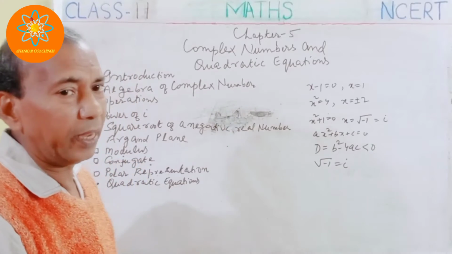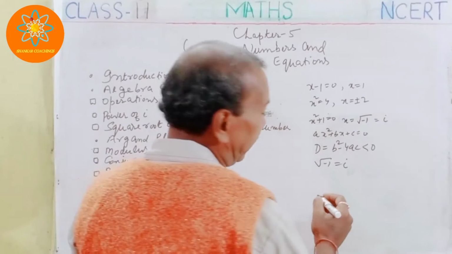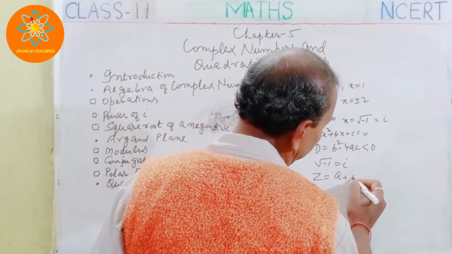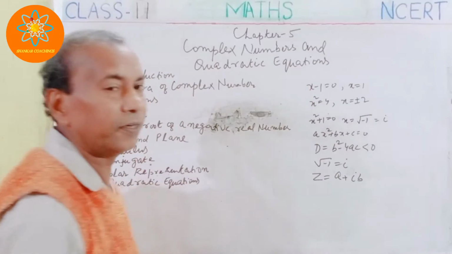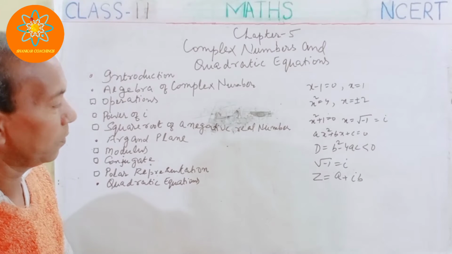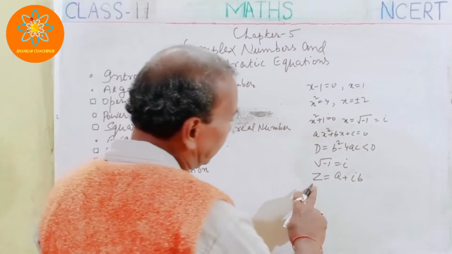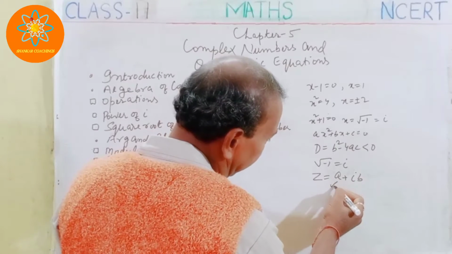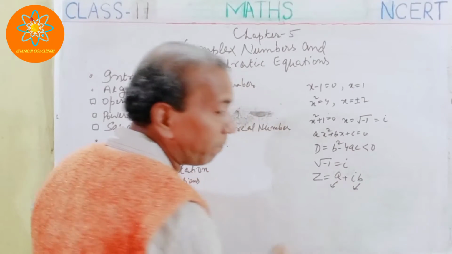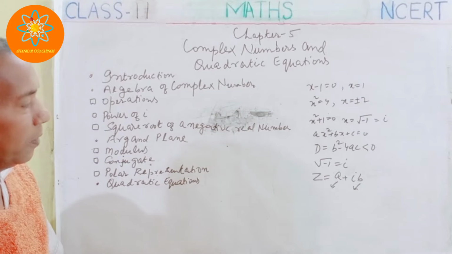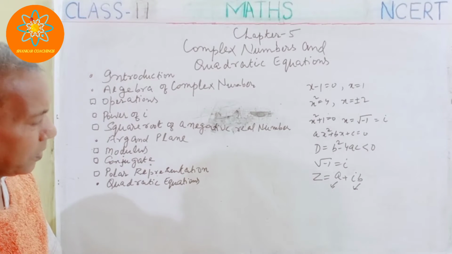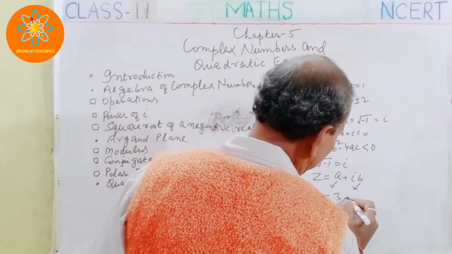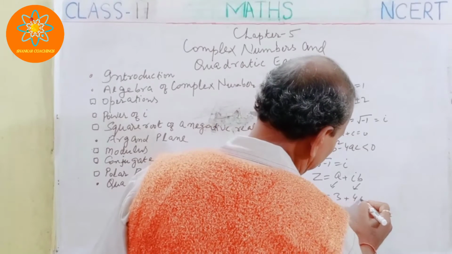So a number a plus iota b is a complex number, that is, z is equal to a plus ib. This is the representation of the complex number, where a and b both are real numbers. For example, let's suppose I take z is equal to 3 plus 4i.